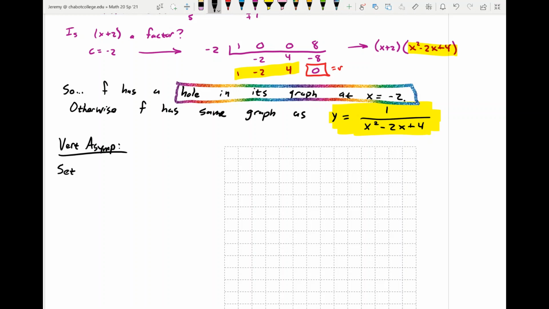But at this point, I'm setting this simplified denominator, x squared minus 2x plus 4, because any remaining zeros here are going to give us vertical asymptotes, since they don't have a factor in the numerator to cancel with. So this doesn't factor very nicely. So I'm going to use the quadratic formula.